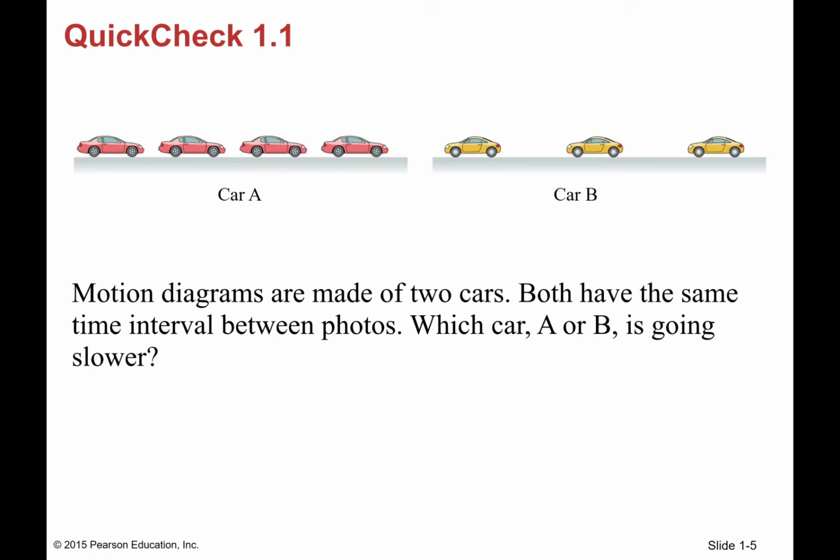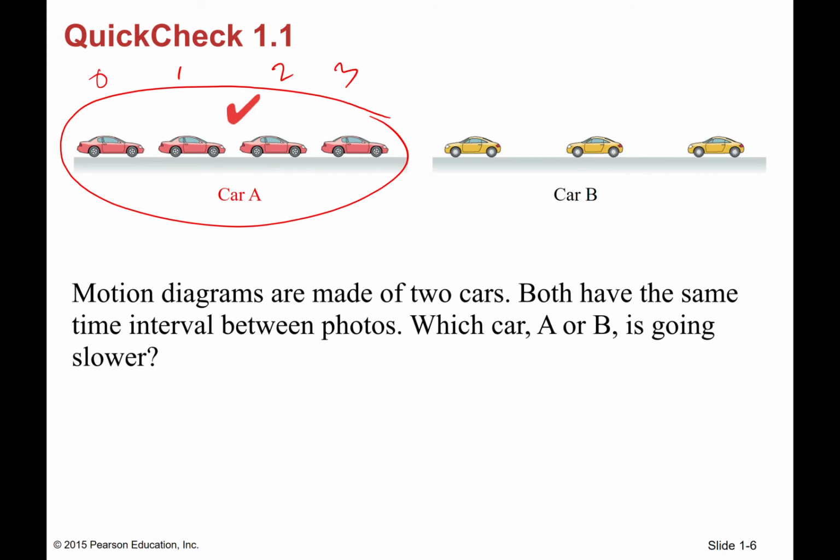If you have paused the video and tried to answer the question, you should have probably come to the answer that this car is moving slower. The way to see that is that it is 1 second between pictures. So let's say this was time equals 0, time equals 1, time equals 2, time equals 3.